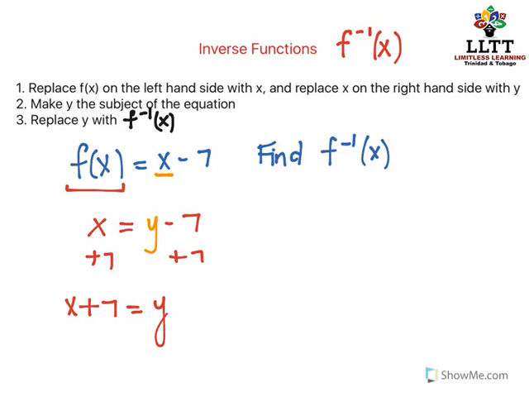So I get y is equal to x plus 7. So I have made y the subject because y is on one side and everything else is on the other side. And now all I'm going to do is replace y with f inverse of x. So f inverse of x is equal to x plus 7.